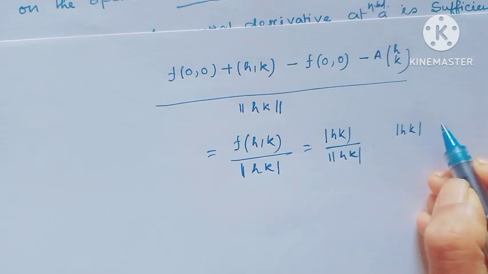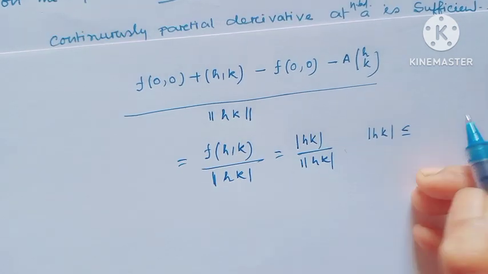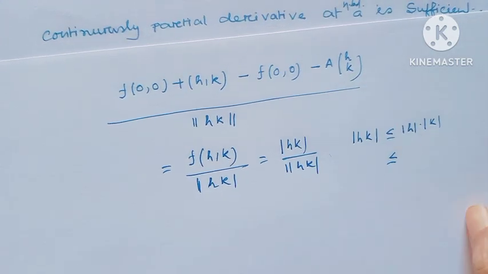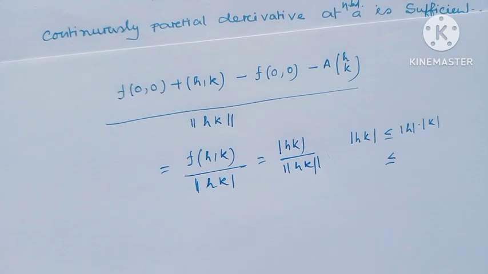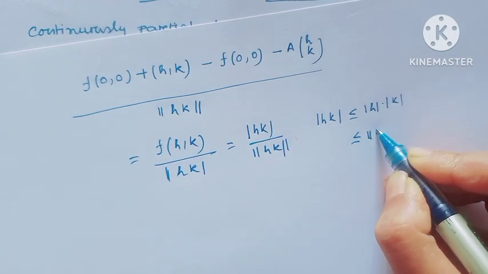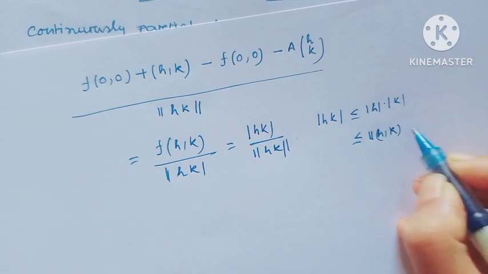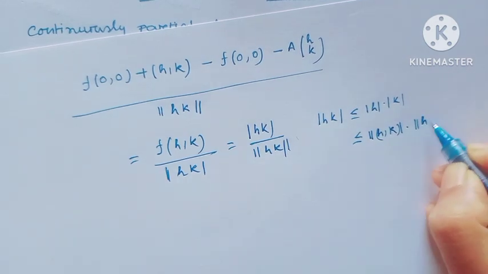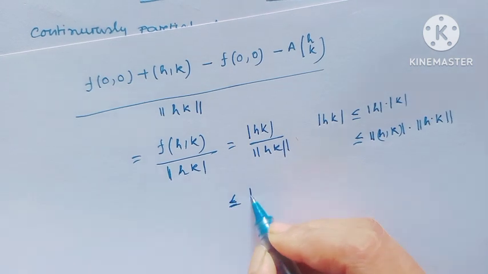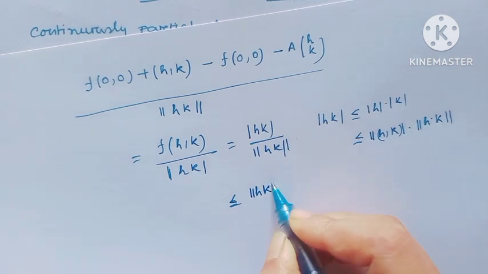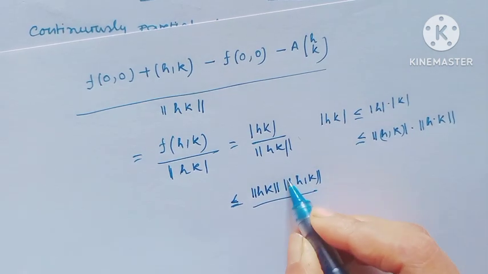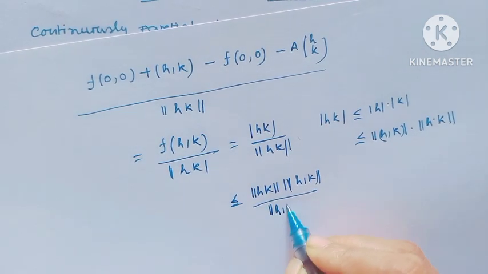Modulus of hk is less than or equal to mod h times mod k, and this is less than or equal to norm (h, k) times norm (h, k), divided by norm (h, k).